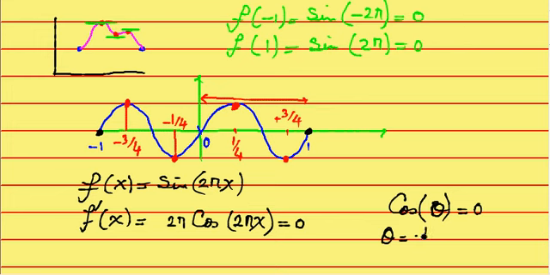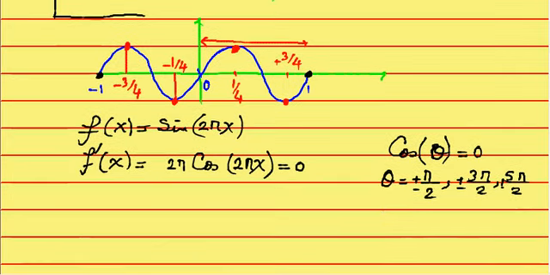So the angle at which cosine is 0 is going to be pi half. Also the negative of this angle has the same property. Same thing at 270 degrees, which is 3 pi half, and also 5 pi halves, and so on. So if the argument of cosine becomes any of these numbers, then cosine is going to become 0.